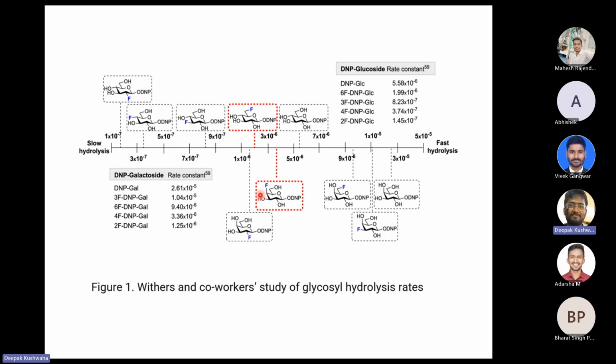While in case of galactose, if the electron deficient group is at the C4 position, the rate of hydrolysis is maximum. So it is a similar trend to what they got earlier.